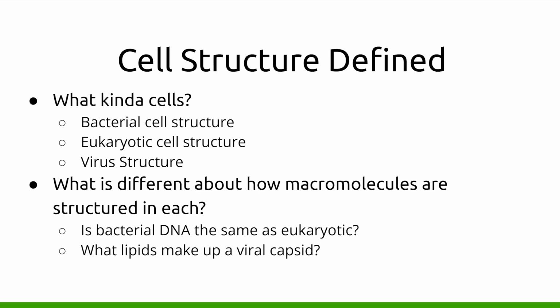Do lipids exist in a viral capsid? If they do, what types of lipids are there? Are those the same lipids that you would see in a eukaryotic cell? These are some of the types of questions that I would encourage you to ask yourself when challenging yourself to integrate these concepts for MCAT study.